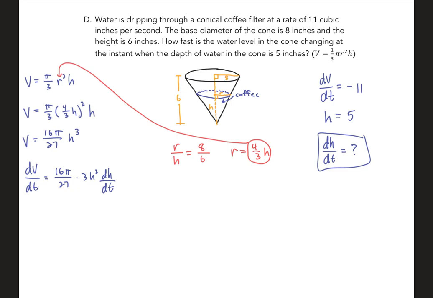Okay, now we've kind of planned it out, so we have everything we need. We have H, we're given that. We have dv dt, we're given that. And we want dh dt, so that's perfect. Okay, so dv dt is -11.